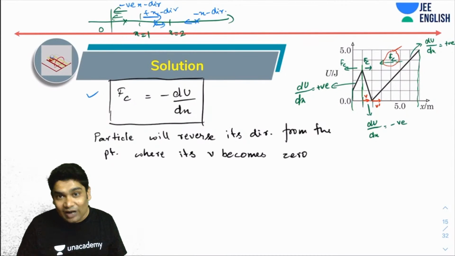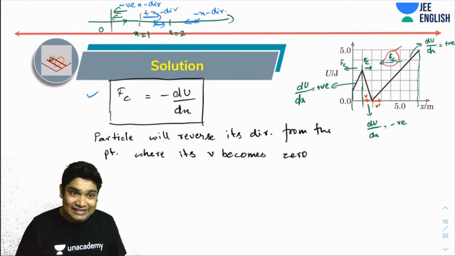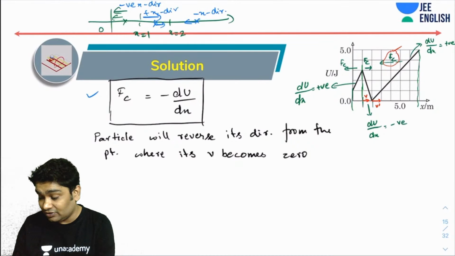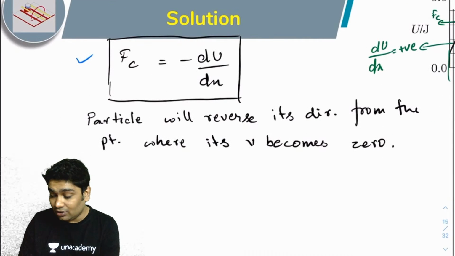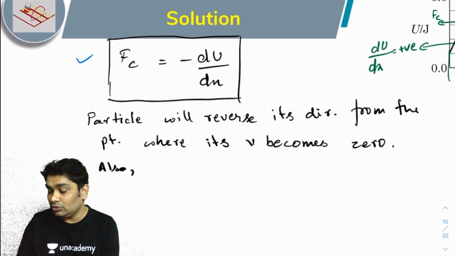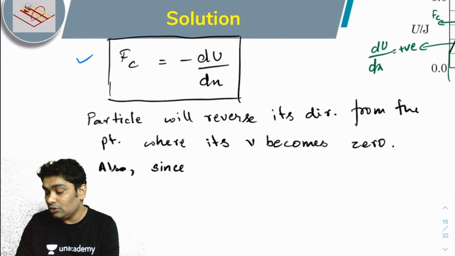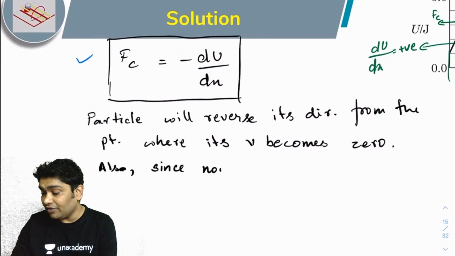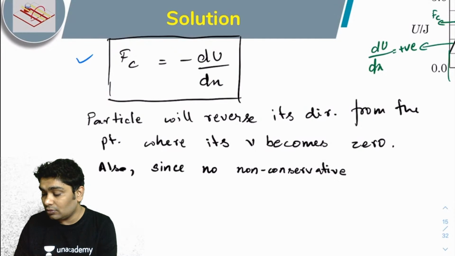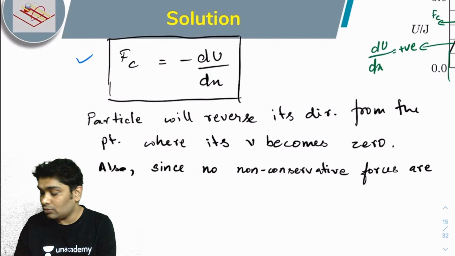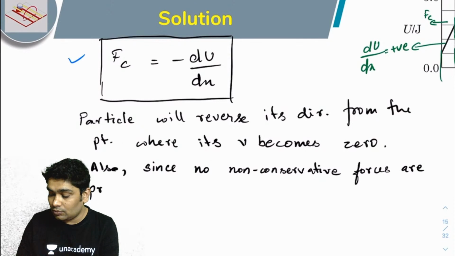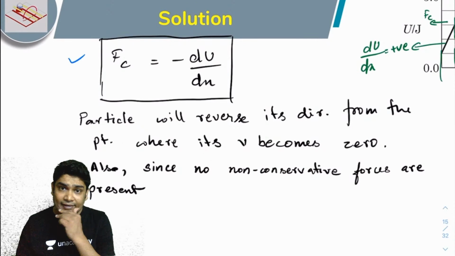Okay. Now, all you know is that since the only force acting is conservative, the total mechanical energy should be conserved. Since no non-conservative forces are present, can I say the total mechanical energy will remain conserved?